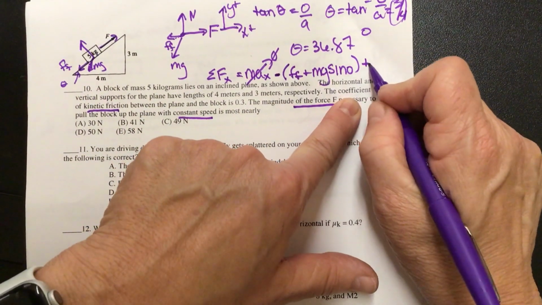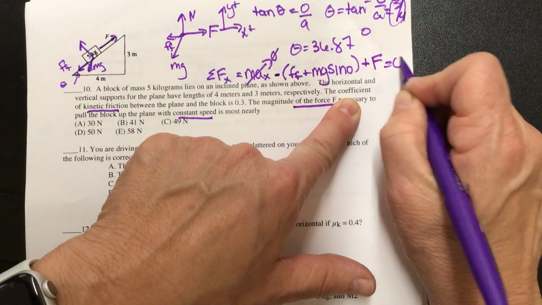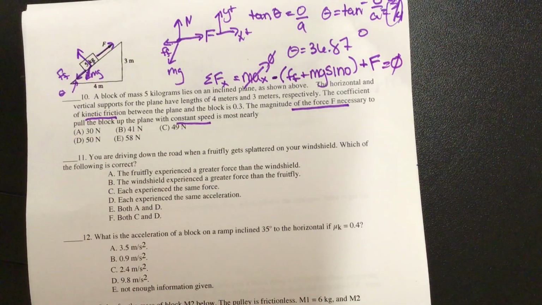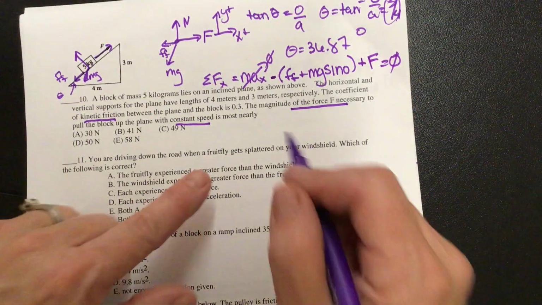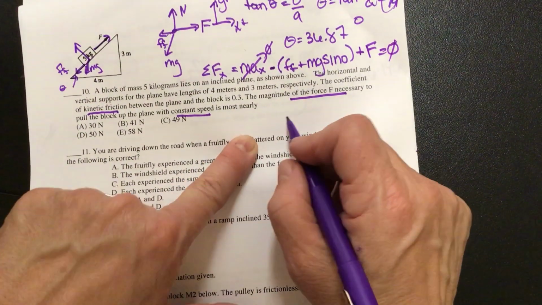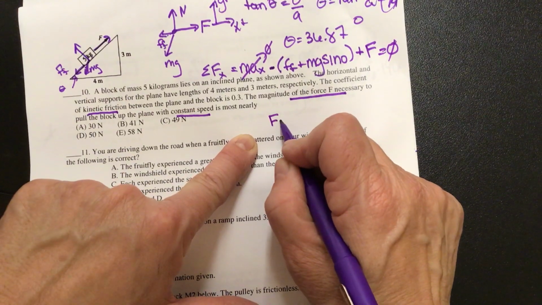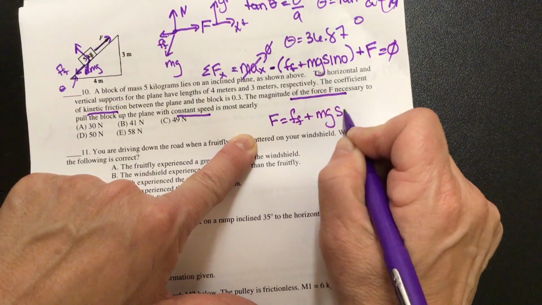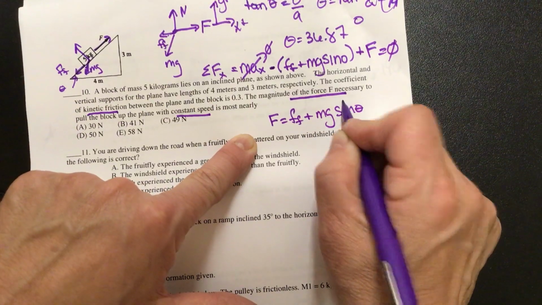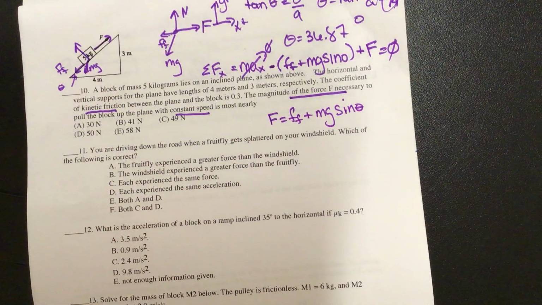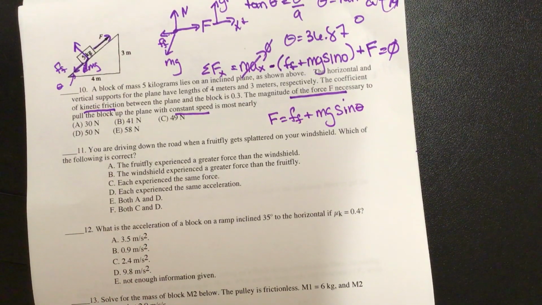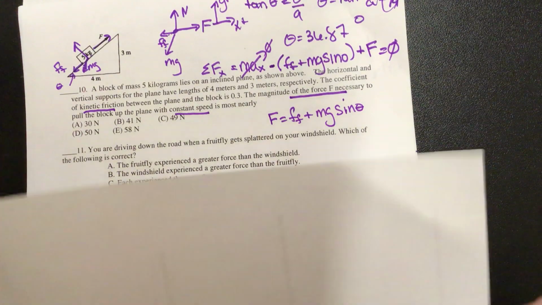And the positive sign we said is the force applied, and when you add them up, they're equal to 0. So if you rearrange algebraically, you get that the force applied is equal to friction plus mg sine theta. That means we have to figure out the force of friction, doesn't it? Quel dommage.